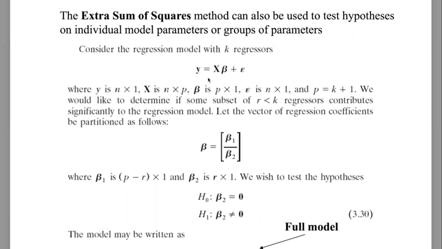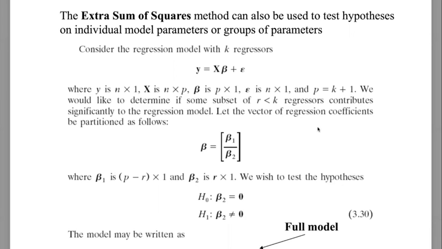Beta, the parameter vector, is p by 1, and then epsilon is the n by 1 error term. Also, p, the number of parameters here, is k plus 1, k being the number of slopes, and then we have one additional parameter, beta 0, the intercept.